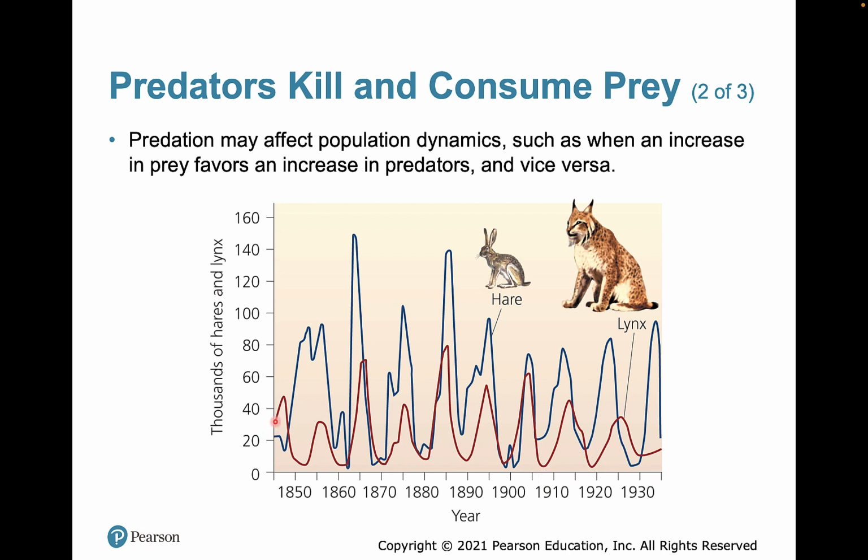So as the predator population, the lynx population, goes up, that means there are more organisms to feed, so they're going to eat more hare, right? So the prey population is going to go down because there are a lot of lynx that are hunting, okay? But as the prey population goes down, there's less for the lynx to eat.